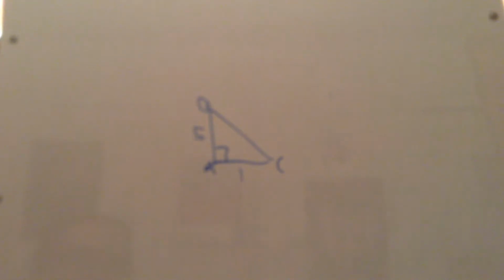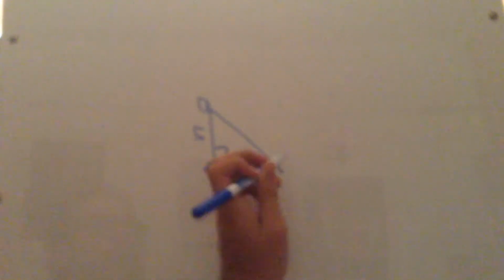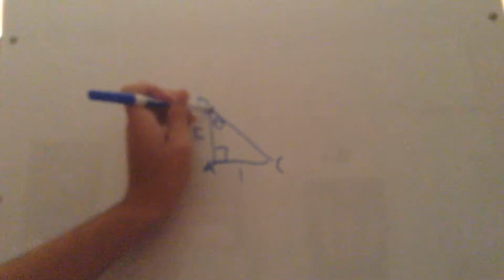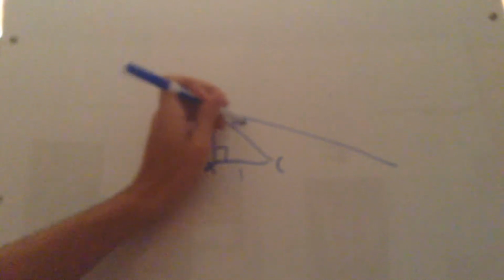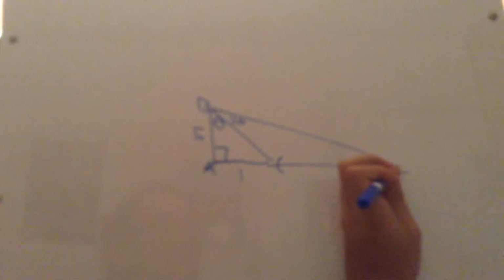And we're looking for D on AC, so on the ray AC, such that DBC is double CBA. So I put it like this. Say this is 2 theta, this is going to be D.